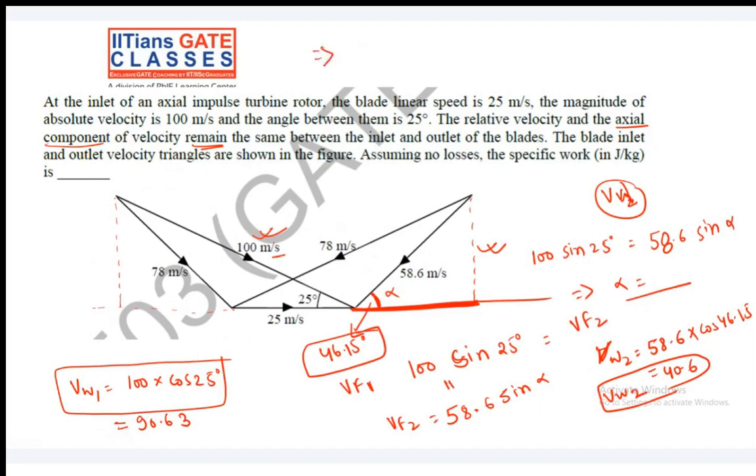This is rho q. So rho q is anyway 1. So now VW1 is 90.63, so write down 90.63. VW2 is in opposite direction of VW1, so this will get added. So plus, and what is that value? VW2 is 40.6 into u value is given as 25. So this is that answer.